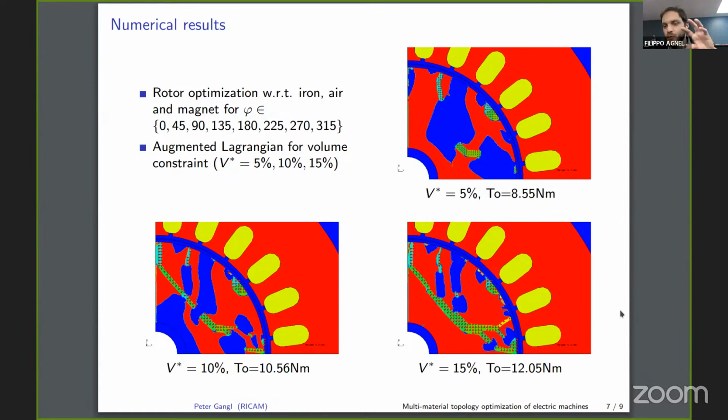My question is, once you have a geometry, if you shift it by an angle theta, how rapidly does it go from being optimal to not very optimal? I haven't done enough experiments to answer that question. Okay, thank you.